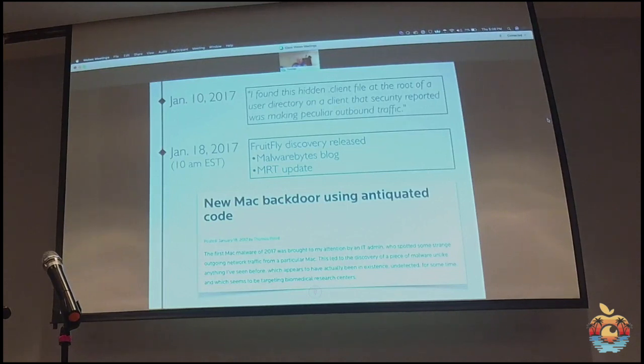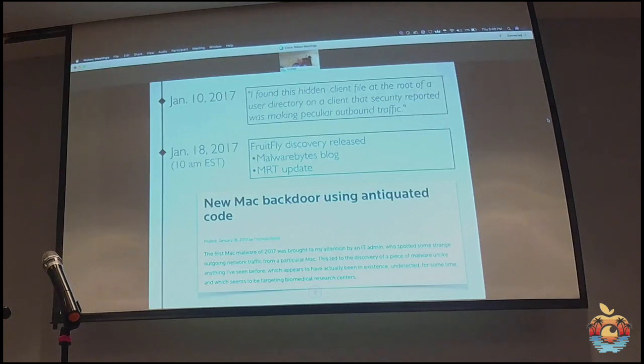Now, between then and the 18th, when we actually published our blog post, I did contact Apple and made them aware of the malware, and for the first time, I actually got a response back, and I got some information back from Apple. They wanted me to hold off on the blog post for just a little while, and it turned out that the FBI was already investigating, which I was not aware of at the time, and they wanted to give the FBI extra time to do their investigation.